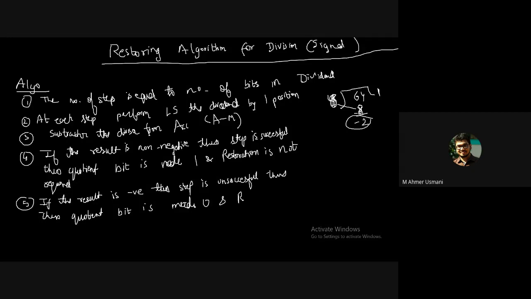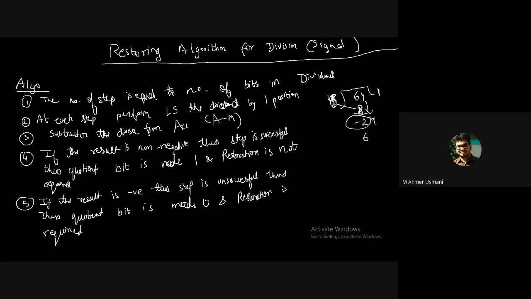and restoration is required. What is the meaning of restoration? If it is unsuccessful, we need to get this 6 back again. We can't directly take 4 and divide; what you need is to get this 6 back.